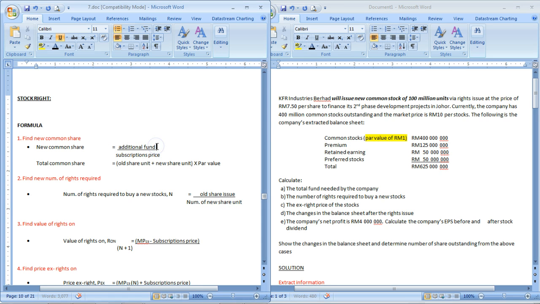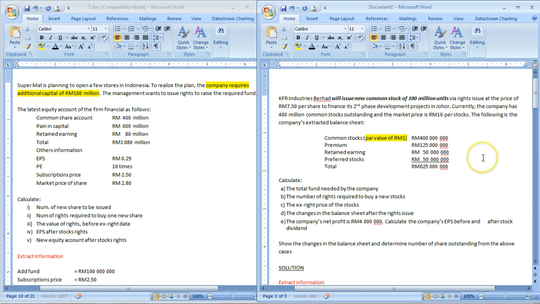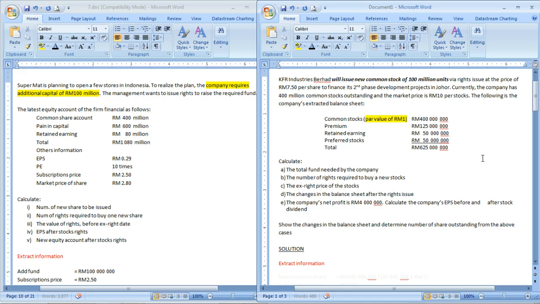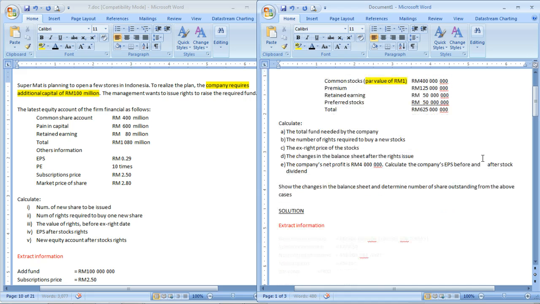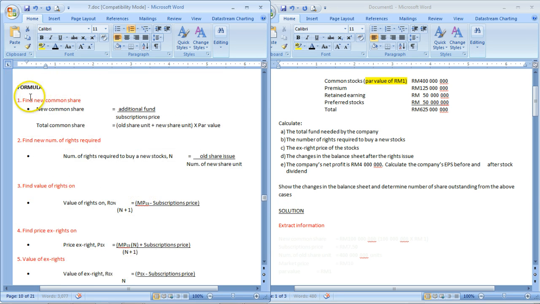The additional fund is considered your fund needed. In this question, the company requires additional capital of 100 million. The company did not give you any fund needed, so you find the number of new shares to be issued. You can use this formula directly to find the new common shares.